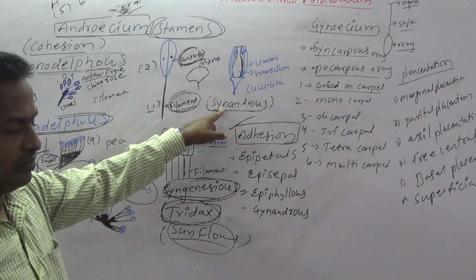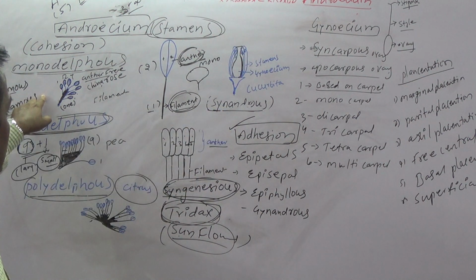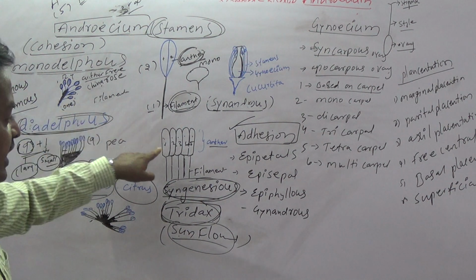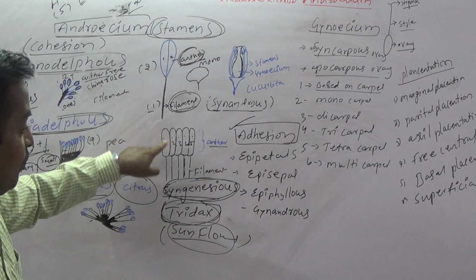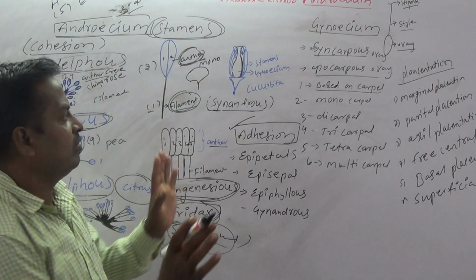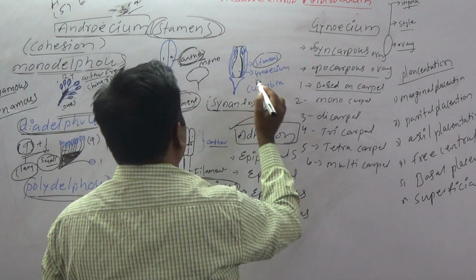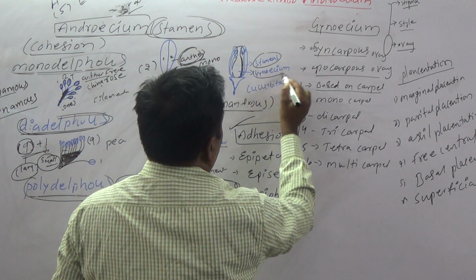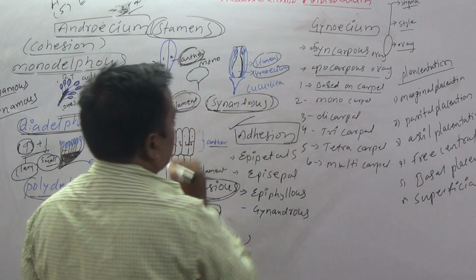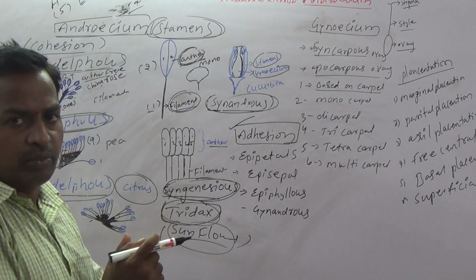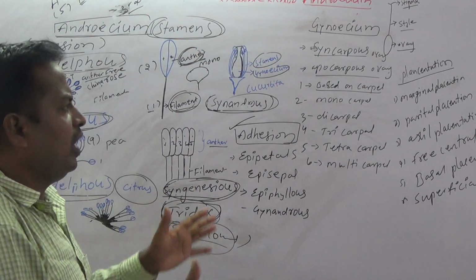And synandry. In the first one, anther is free, filament united. In the second one, anther united, filament free. But in synandrous, both are united. Stamens and gynoecium, all parts, even the stigma, are united. Of all the parts in the flower, there are 2 important sexual parts, androecium and gynoecium, and all are united.